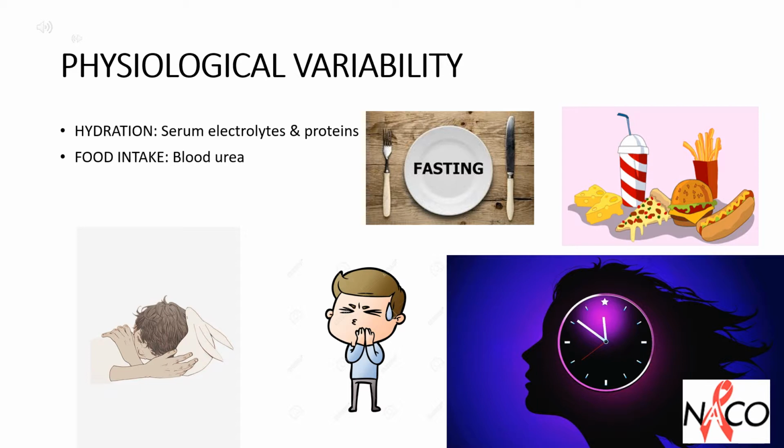Thus, the patient should be advised to have a balanced diet a night before to avoid error. Certain hormones show fluctuations throughout the day, which is also known as circadian rhythm. For example, thyroid hormones.